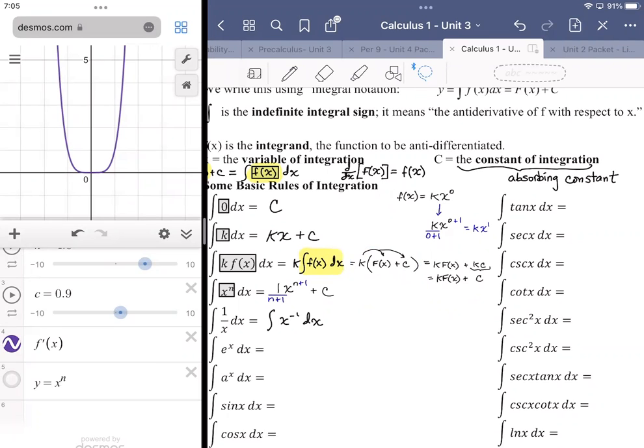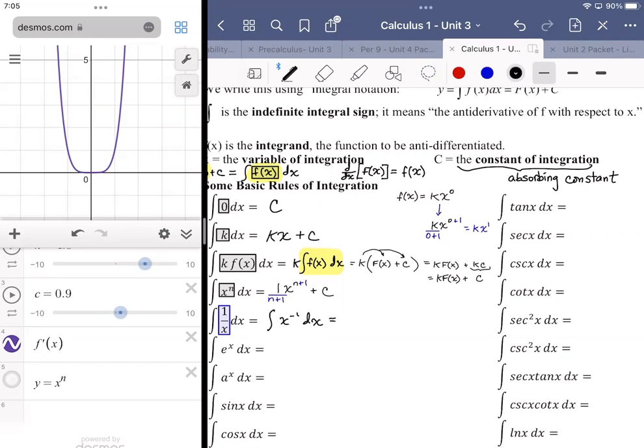But we do know, and we've experienced this, there is a function out there whose derivative is 1 over x. Because again, ultimately, what our goal is to find the function whose derivative is the function that's trapped between the funky s and the dx. Right? So I'm looking for the function whose derivative is 1 over x. Right?